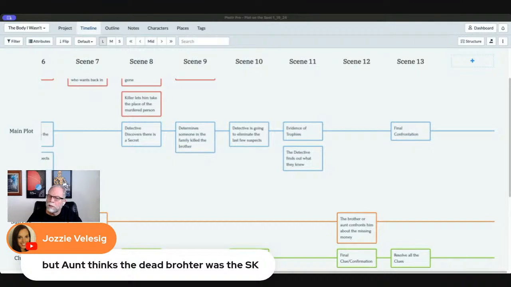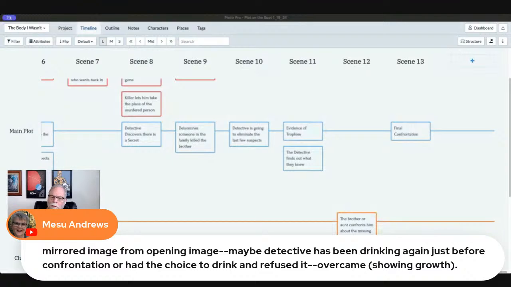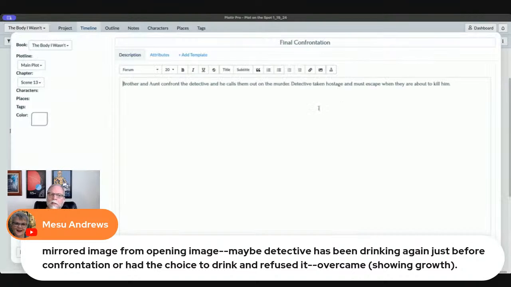Ah, I see. Oh, and that's a good one too. And maybe in this case, and this would be an interesting twist based on that, the detective is acting drunk, but is actually sober, and that is how he overcomes it, because they assume he's weaker than he is.